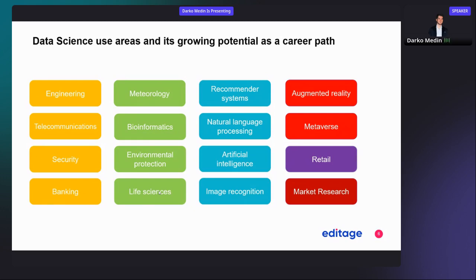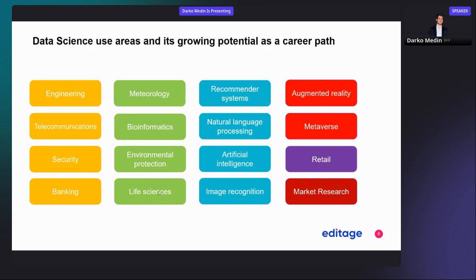In addition to that, metaverse, which is one very interesting area today, mentioned by different companies like Meta, one of the world's largest companies. And data science is also used in other areas like economy, for example, retail or market research.